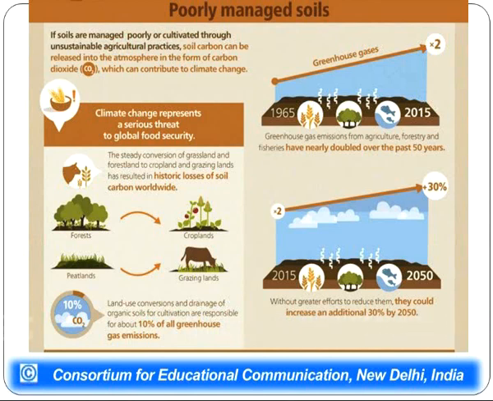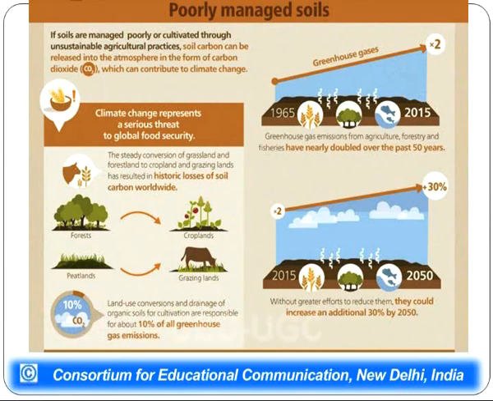Climate change is becoming a threat to food security in different parts, in critical regions, and particularly in the monsoon area. This issue is becoming very, very prominent. Climate change represents a serious threat to global food security, as you can see from different parts of the world.